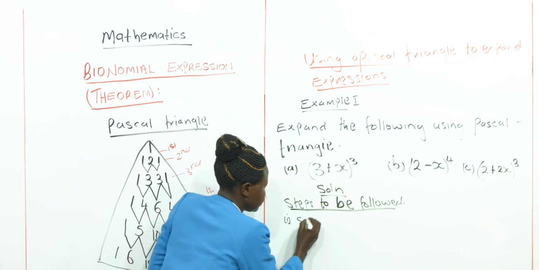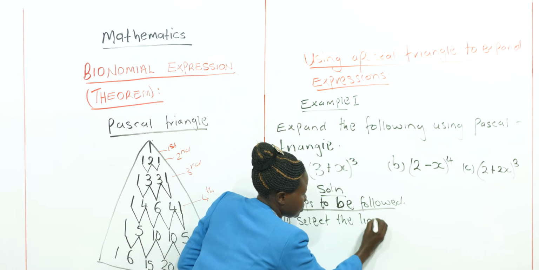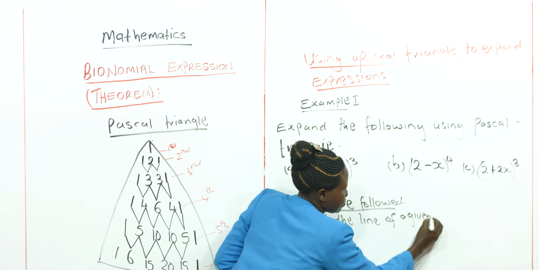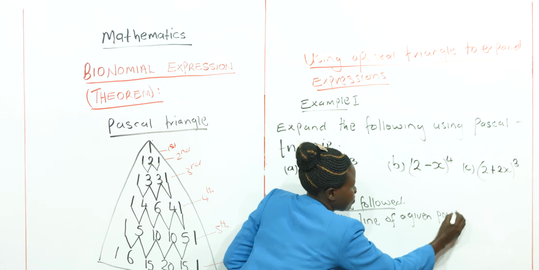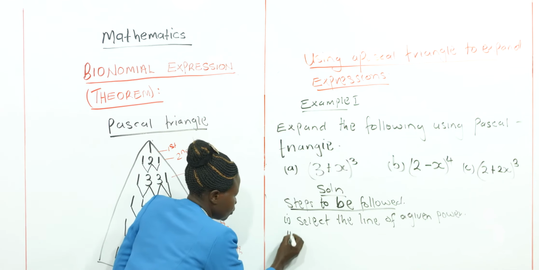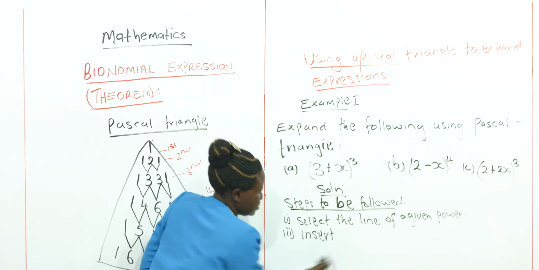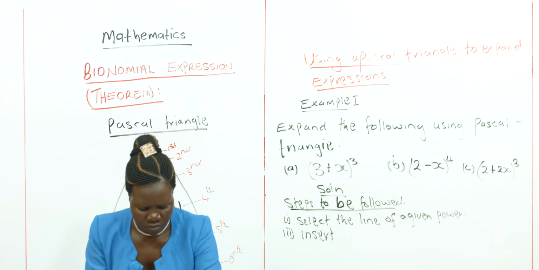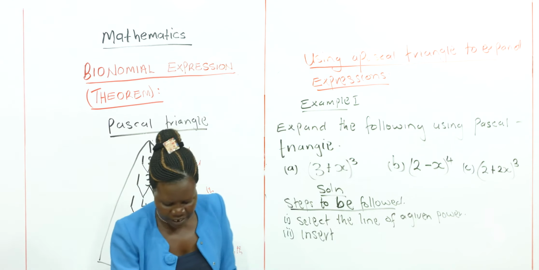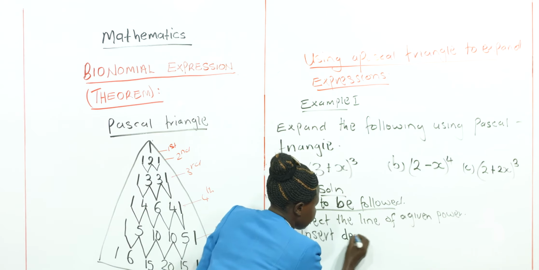Select the line of a given power from your Pascal triangle. And then number 2, you insert decreasing power.